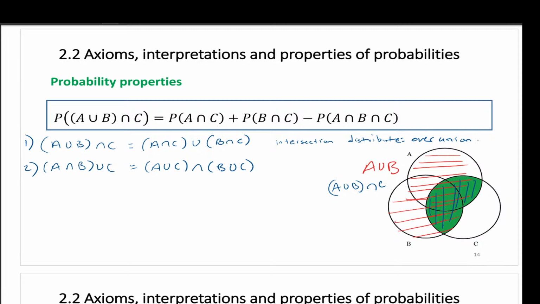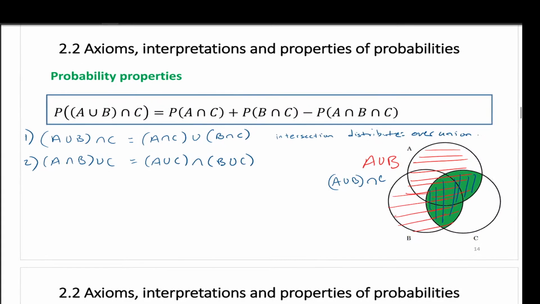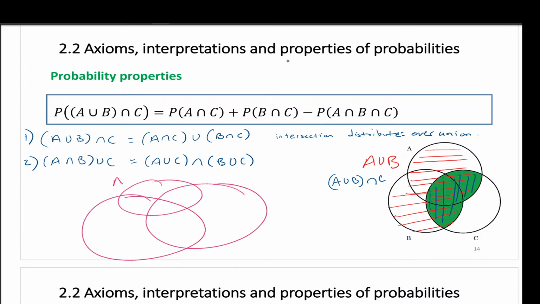Well, let's think about this. A intersects C. Let me just redraw the diagram. And A intersects C will be right here. B intersects C will be right here.